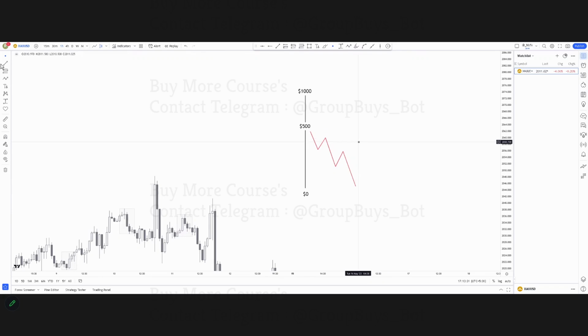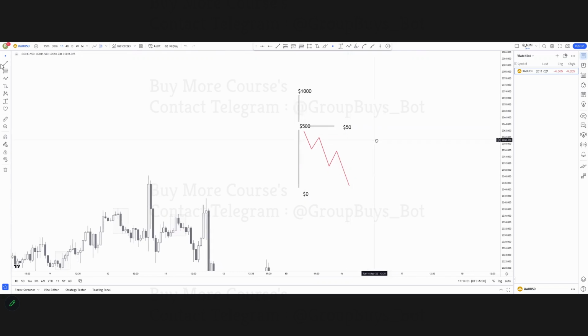Rewarding yourself is the most satisfying factor of trading. Why are you trading? To reward yourself with money. So let's say with this $500 you made 10%. What is 10%? Yes, $50. When you make $50, you withdraw $40 and leave the rest.